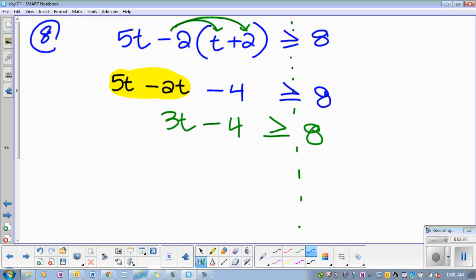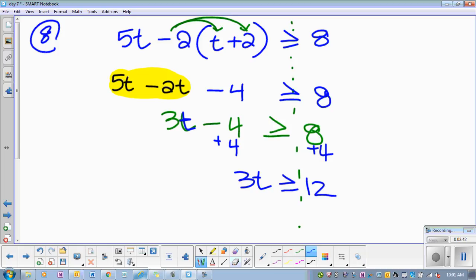All right, and then now what? Add the 4. Good. I want to get this t by itself, so I'm going to add the 4, move it over here to combine with that 8, which is 12. 3t greater than or equal to 12.